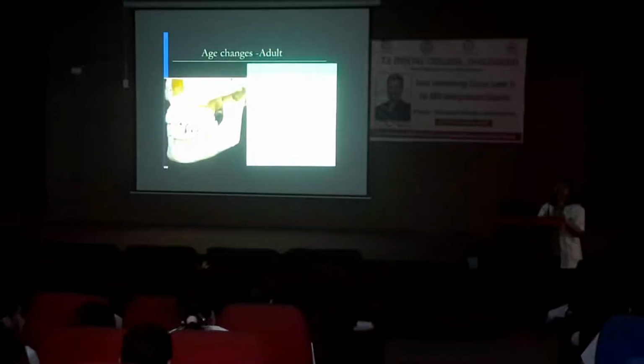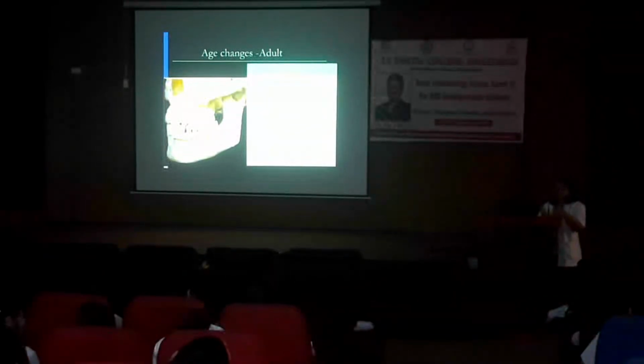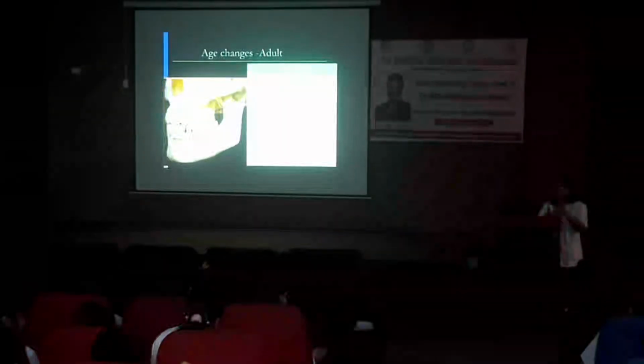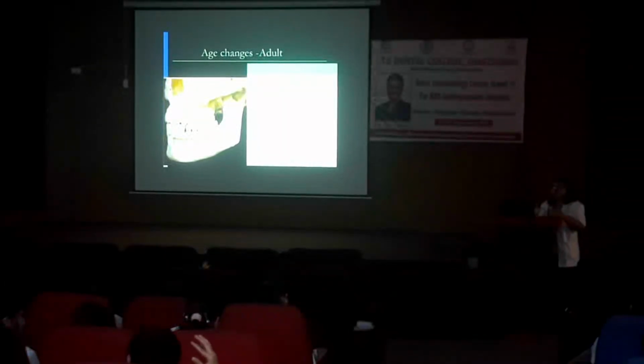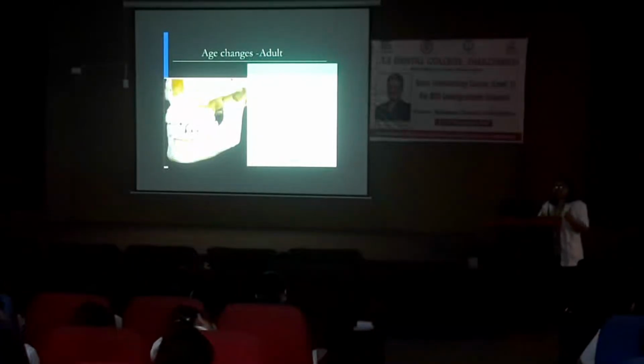Till then we try to maintain with RPD, partial dentures, because the dentition itself is not developed. The child patient will shift from deciduous dentition to mixed dentition, then permanent dentition. Once you have the full set of permanent dentition, the jaw size also changes. So till the growth is complete, we will not advise implant placement.